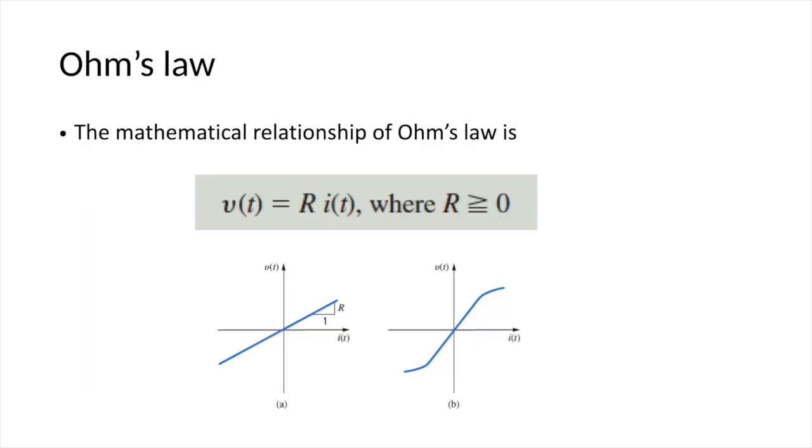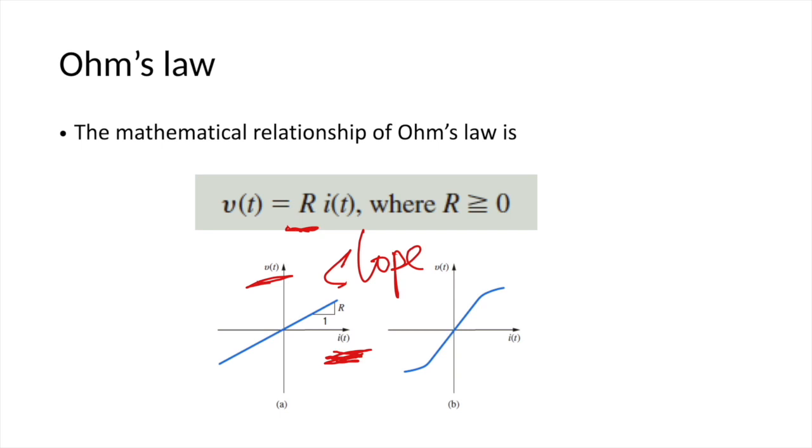Ohm's law is the relationship between voltage and current. We can see from the VI curve that with the increase of current I, the voltage V will increase, and the slope is R, the resistance.